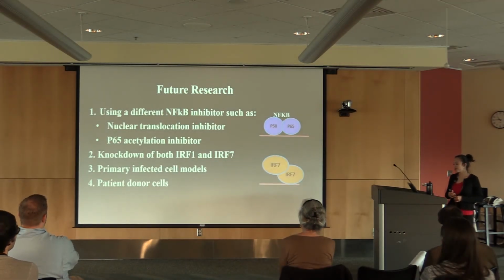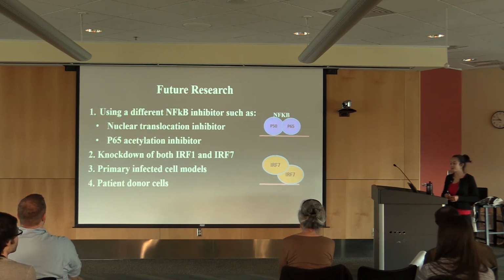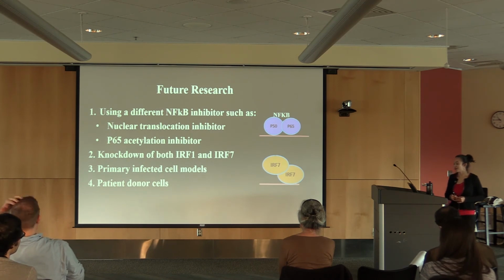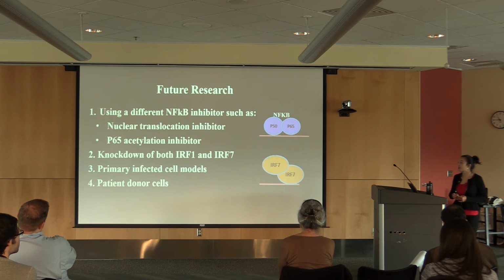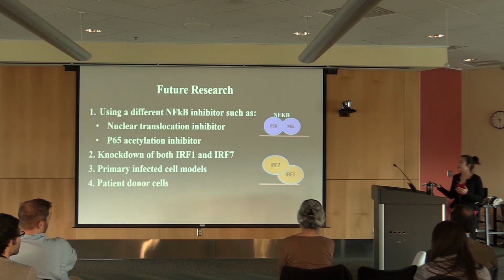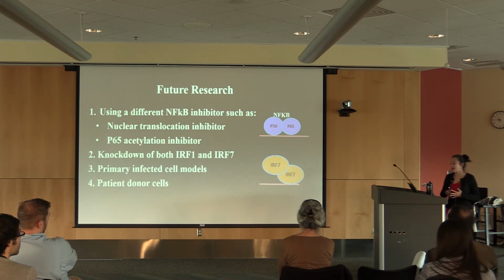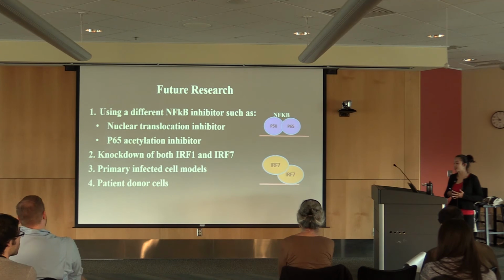Future research. Like I said again, using a different NF-kappa B inhibitor, such as another nuclear translocation inhibitor, or targeting a different part of that pathway, possibly a P65 acetylation inhibitor. And then another experiment that could be performed would be knocking down both IRF1 and IRF7.